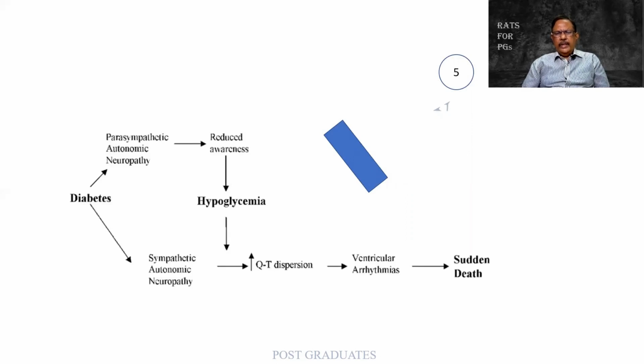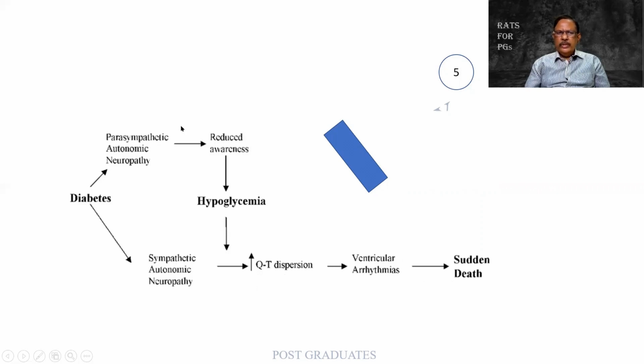This is a flow diagram. You might imagine that it is out of context, but it is very much within the realms of our discussion. Diabetes leads to parasympathetic autonomic neuropathy, reduced awareness, and hypoglycemia follows. There is also sympathetic autonomic neuropathy, and along with hypoglycemia, this can lead to QT prolongation, ventricular arrhythmia, and sudden death.